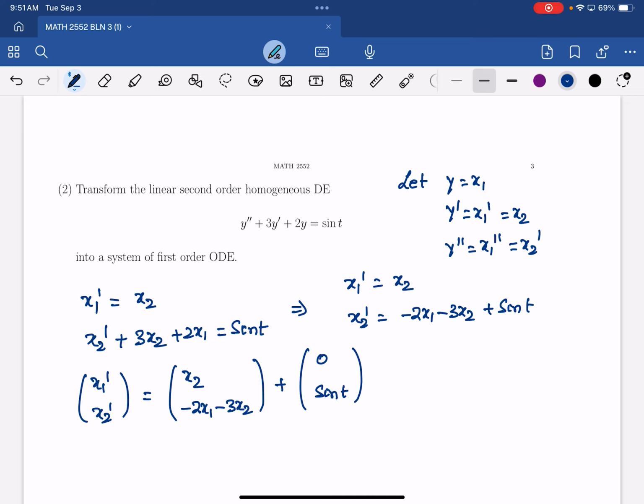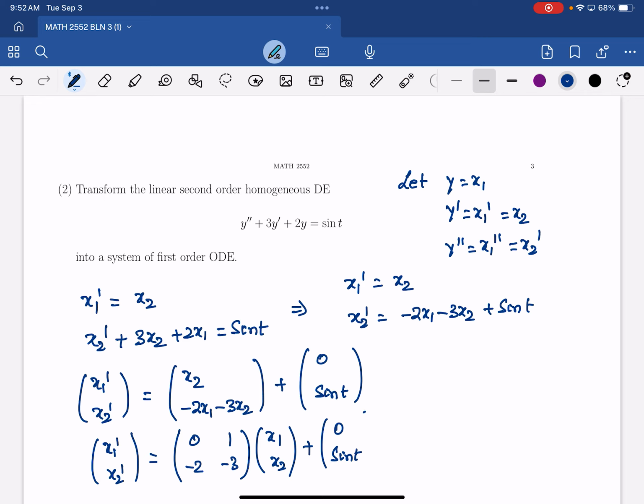The second vector on the right hand side is the non-homogeneous term. Now you can see it pretty much. I'm writing it in matrix form: 0, 1, negative 2, negative 3 times x1, x2 plus 0, sine t.